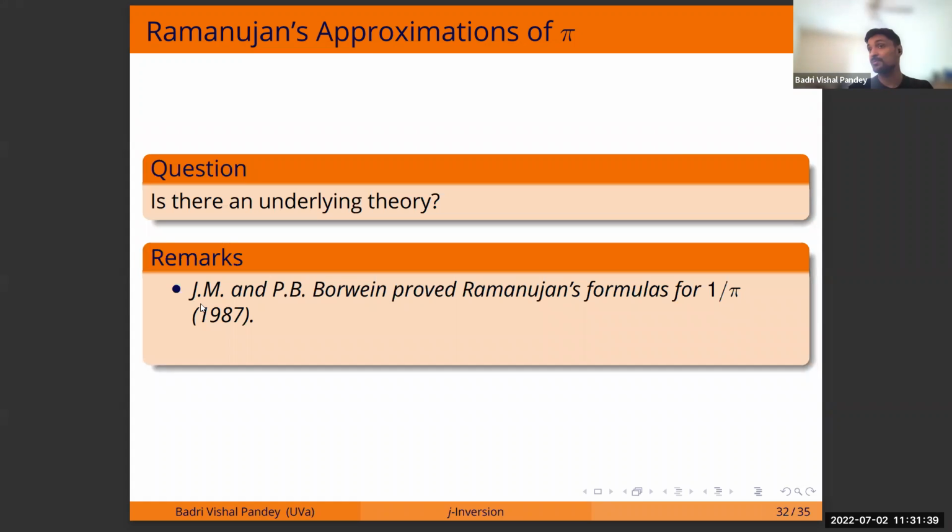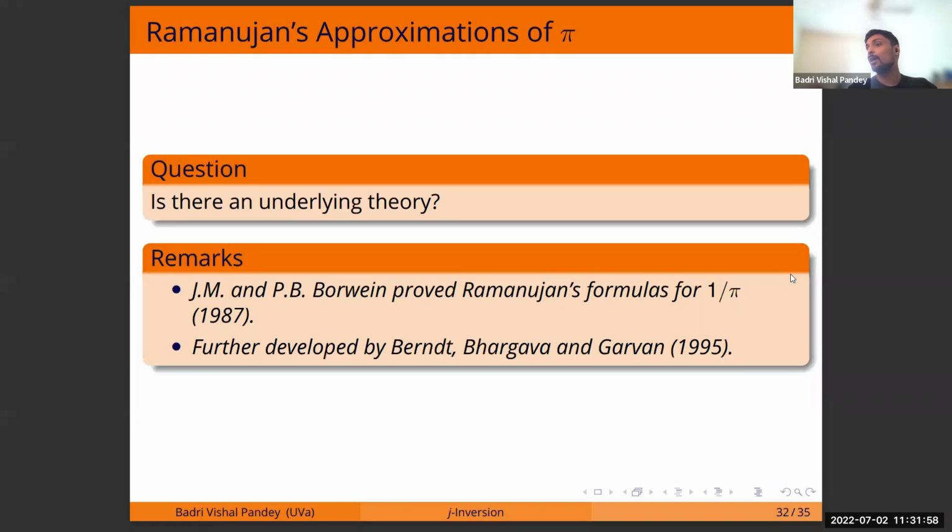All the formulas were proved by the Borwein brothers in 1987. They used the theory of hypergeometric functions, but whatever they came up with was actually the tip of the iceberg. The whole theory was later developed by Berndt, Bhargava, and Garvan in their 1995 paper, an 80-page paper where they developed this whole theory.